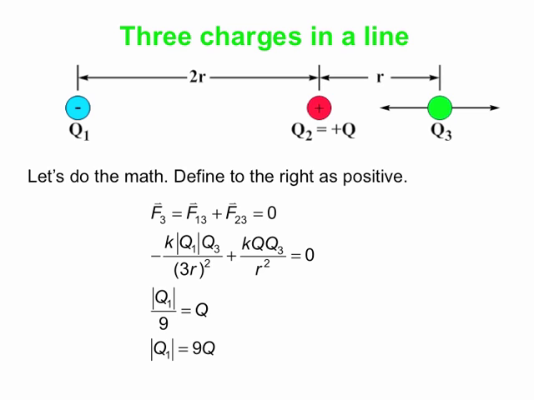When you put those together, the K's go away, the Q3's go away, the R squareds go away. 3 squared turns into a factor of 9 in the denominator. So almost everything cancels out, and we're left with the magnitude of Q1 divided by 9 is Q. In other words, the magnitude of Q1 is 9Q, and we've already established that the sign on Q1 is negative. So putting it all together, Q1 has a charge of negative 9Q.